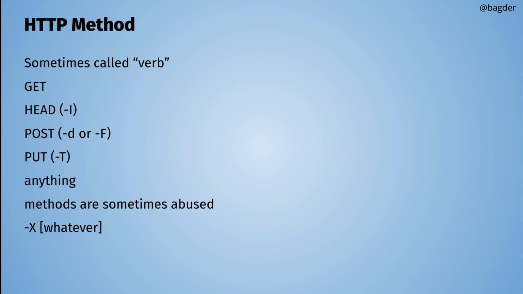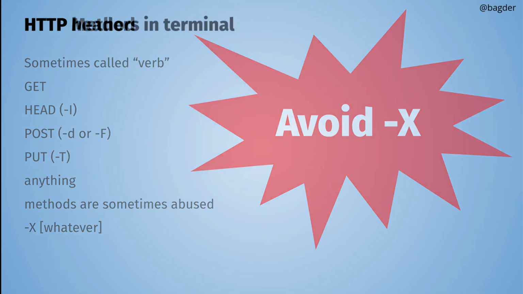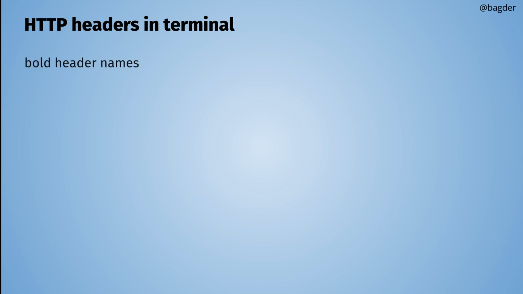Typically, and you will hear me say that a lot in many circumstances, you don't want to use -X, and you absolutely don't want to set it to GET, HEAD, POST, or PUT. Because if you do that, you're typically wrong. So avoid it.